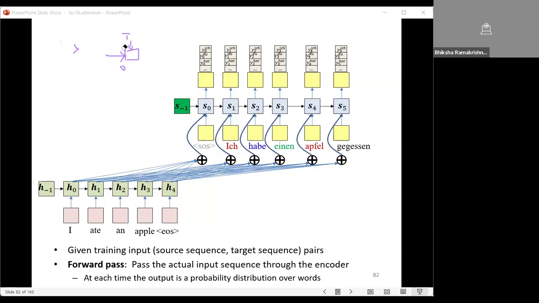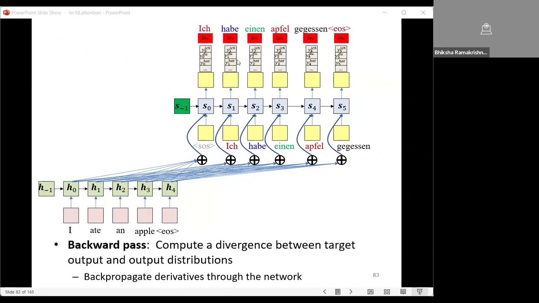So this differs from your standard training. And of course, now you can compute the divergences at each time, where the divergence is the cross entropy between the probability distribution output by the network and the next word. And these divergences can then be backpropagated.